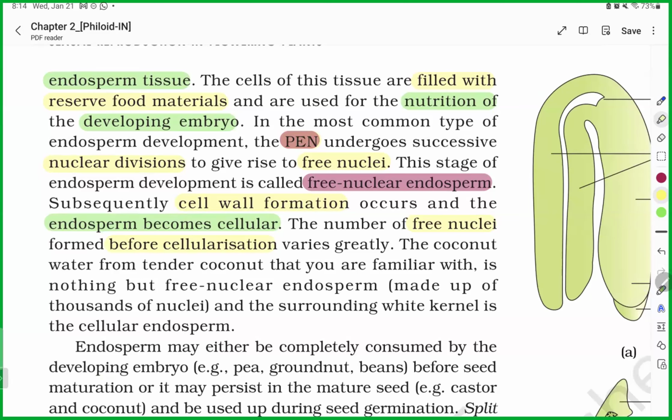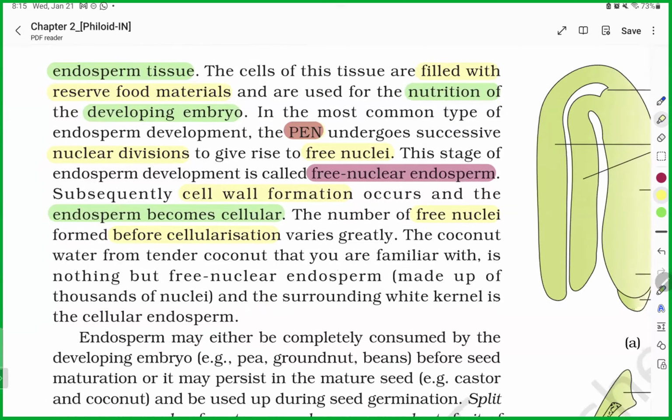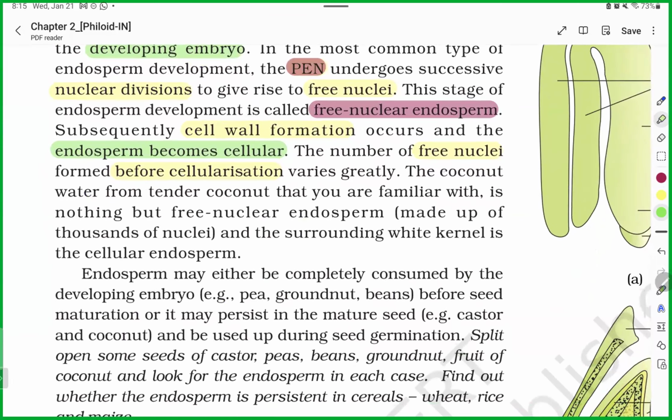Tell me, do you get same amount of water from every coconut? No. So this coconut water is different from tender coconut, right? Anvita, coconut water is different from the tender coconut?